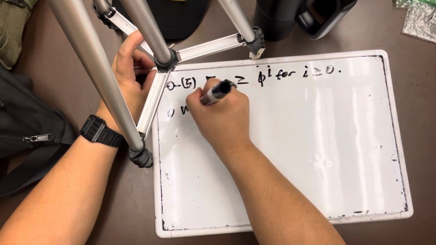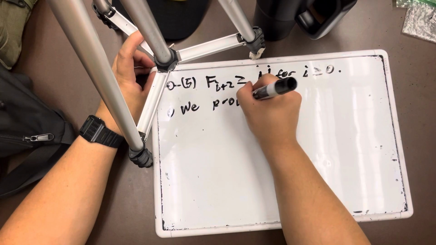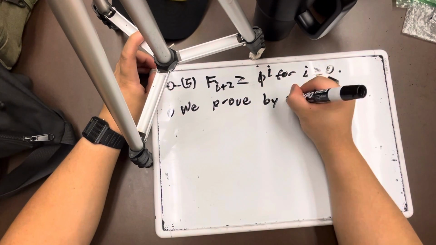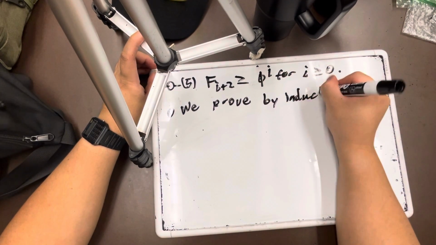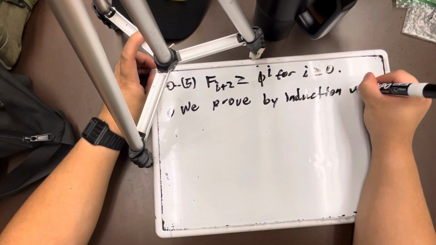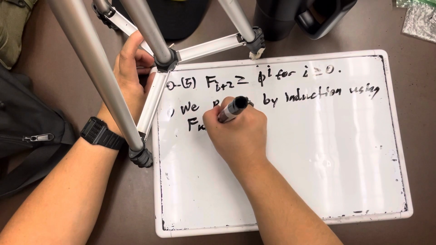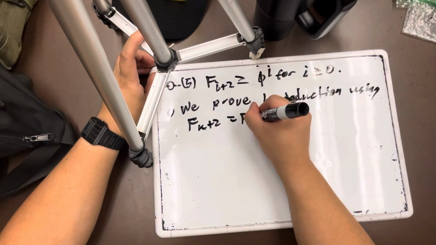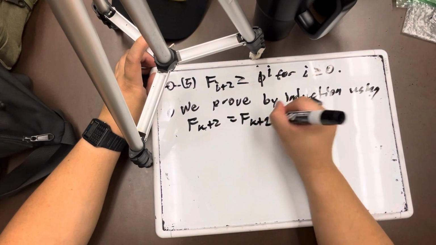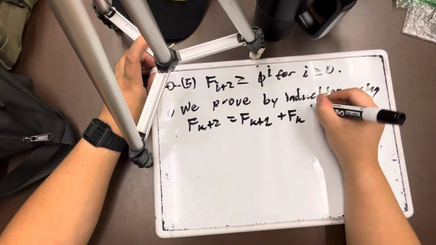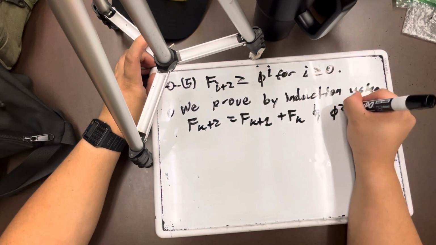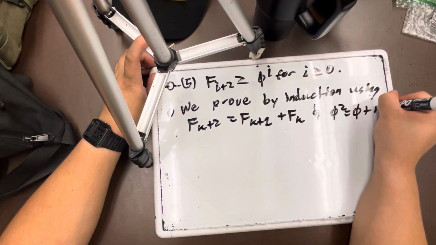So we prove by induction, using f sub k plus 2 is equal to f sub k plus 1 plus f sub k, and phi squared is equal to phi plus 1.